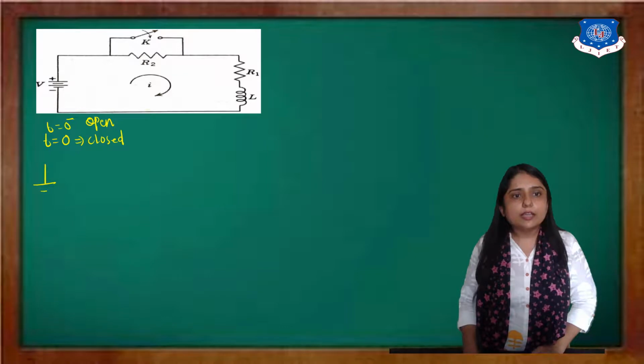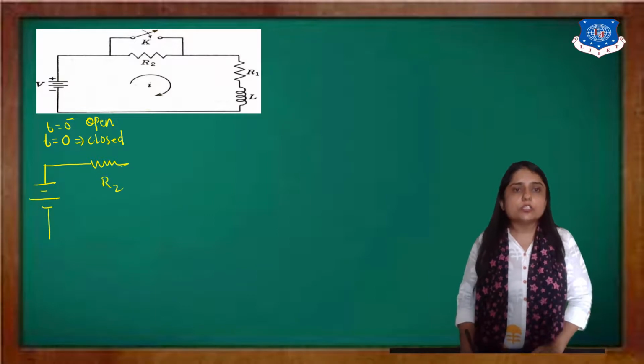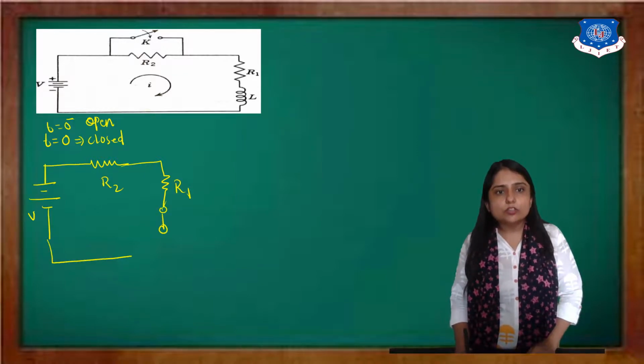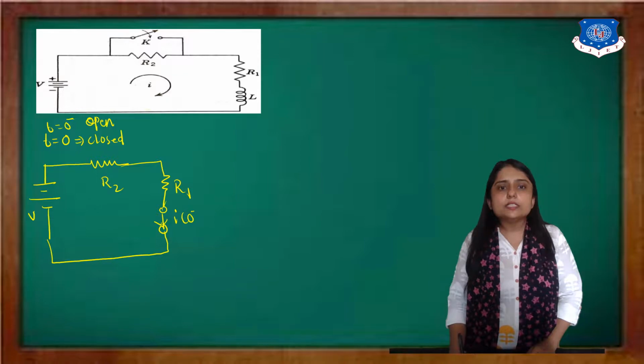So let's draw the diagram. Here, resistor, you have to consider R2 because my switch is open. This is V, then R1, and this inductor we have to consider as a short circuit. So this current will become I of 0, or you can say I of 0 minus.